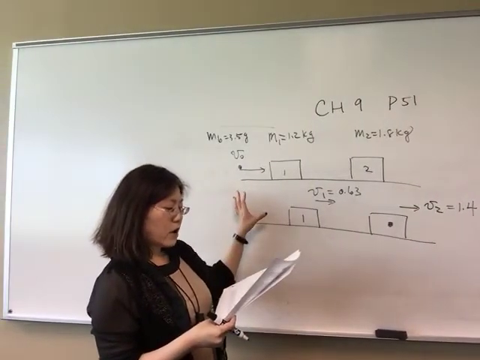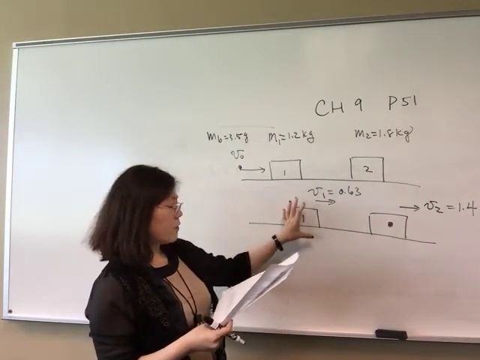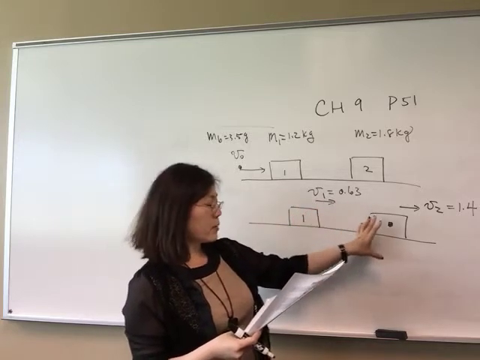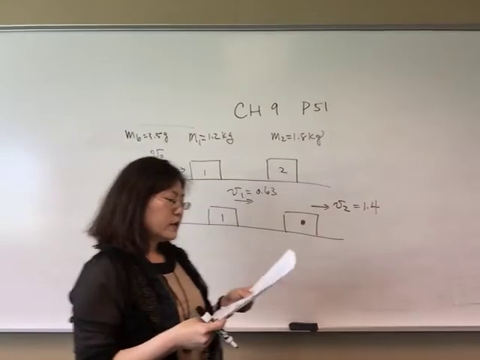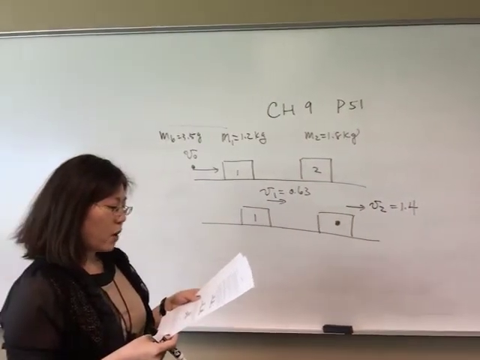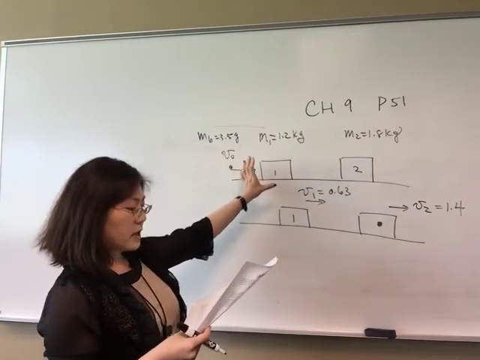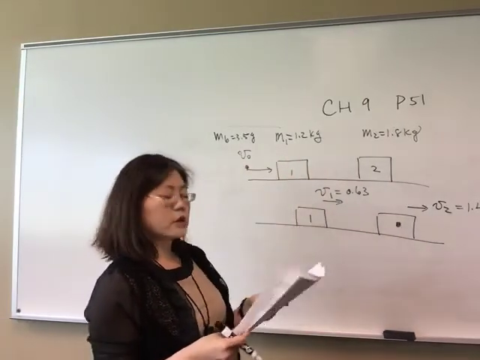The blocks end up with speeds: the first block is moving at 0.63 and the second block is moving at 1.4. Neglecting the material removed from block 1 by the bullet, find the speed of the bullet as it leaves and enters block 1.